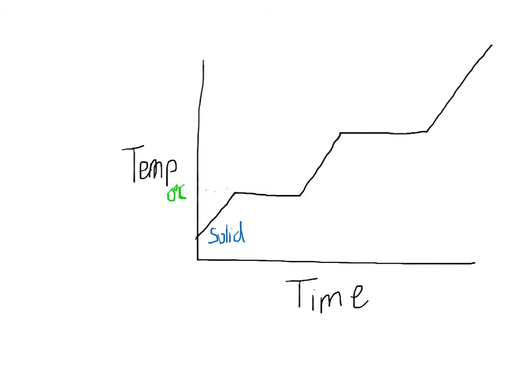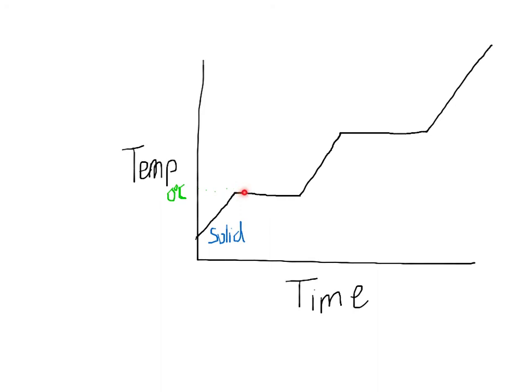And the reason for this is that if we were going to talk about the molecules, well, we said before right here, the energy as we're heating it is going to be supplied to the solid water molecules. Then they're going to be vibrating more and more as the temperature increases. But soon, once we reach 0 degrees Celsius, the energy is no longer going to be supplied to vibrating the molecules.